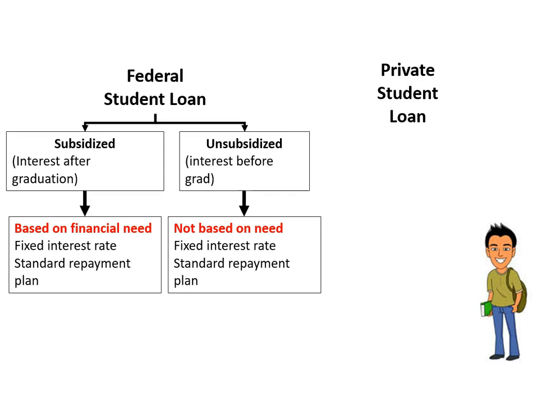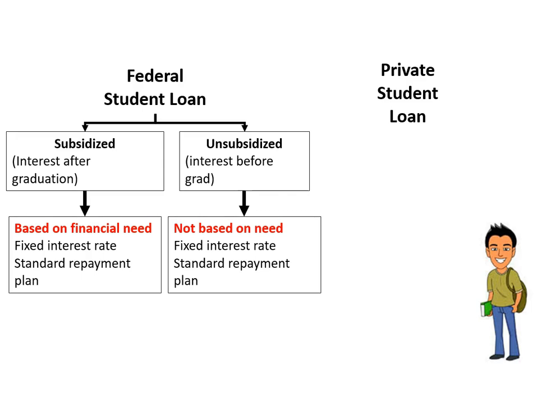Now, some of the stipulations, they both have a fixed rate of interest. They both have a standard repayment plan, these federal loans. The primary difference between the 2, like I said, is that an unsubsidized loan actually starts accruing interest when you get it. One actually doesn't until after you graduate. There's also a difference in terms of how they qualify you.